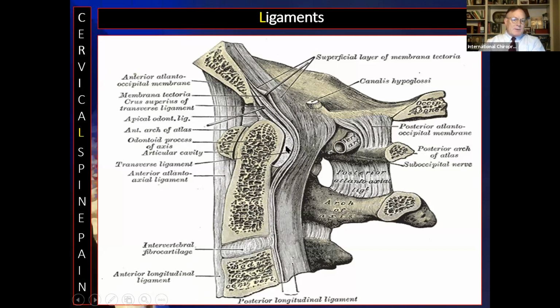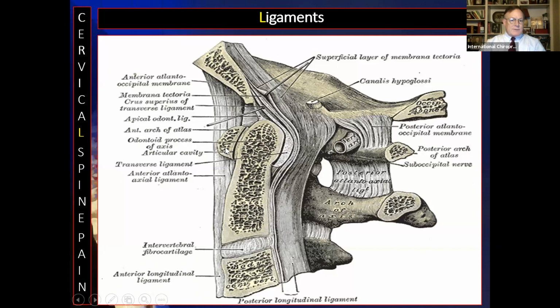Then they get up here to the cruciform ligament. And the vertical and caudal bands of the cruciform ligament are creating this anatomy. Apical ligament here, and then a potential space with some fat and some neurovascular structures here at the tip of the odontoid. And then you have, here's the atlas, and here's the occiput. So you got the anterior atlanto-occipital membrane.